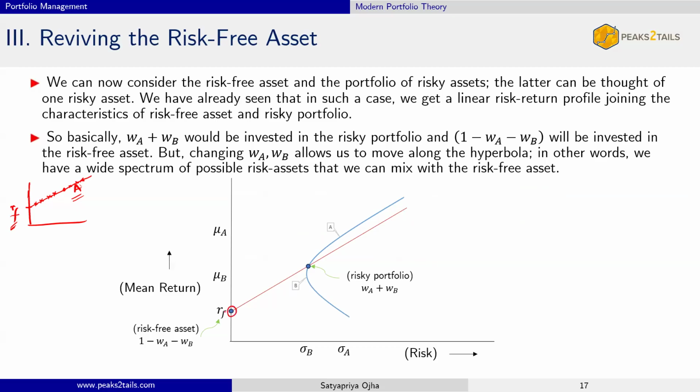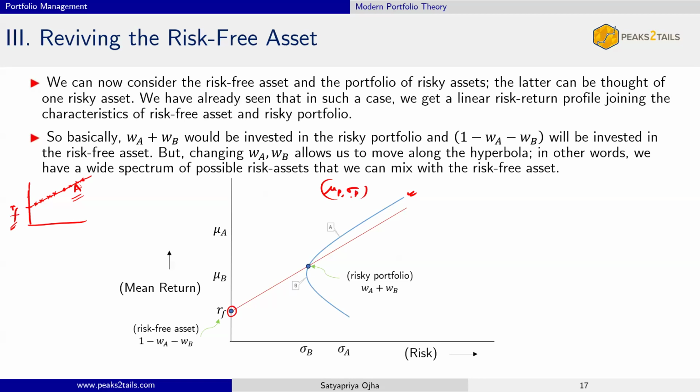So if we have the risk-free asset and a risky asset, now the risky asset in our case is a risky portfolio of two other assets, A and B. This hyperbola is a spectrum of different kinds of risky portfolio I can create by considering various proportions of A and B. So now pretend that the two risky asset portfolio is one single risky asset with its own characteristic mu p and sigma p that we derived in the last section.